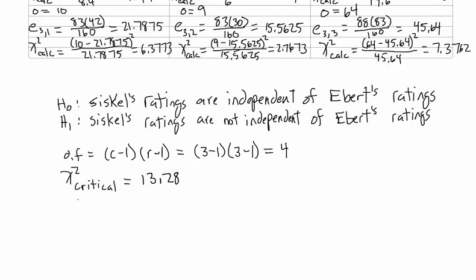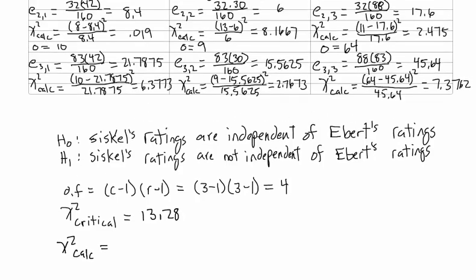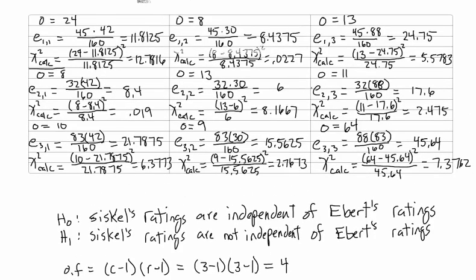And now that we found our critical value, we're going to worry about our calculated value. So chi-squared calc, and we're going to get this calculated value by adding each calculated value from each of our cells. So we're going to add up all of our chi-squared calc values.